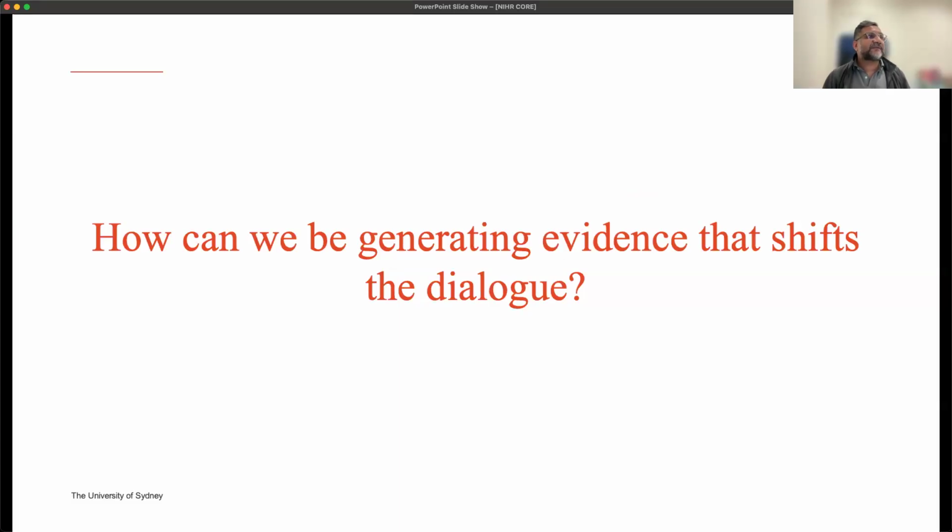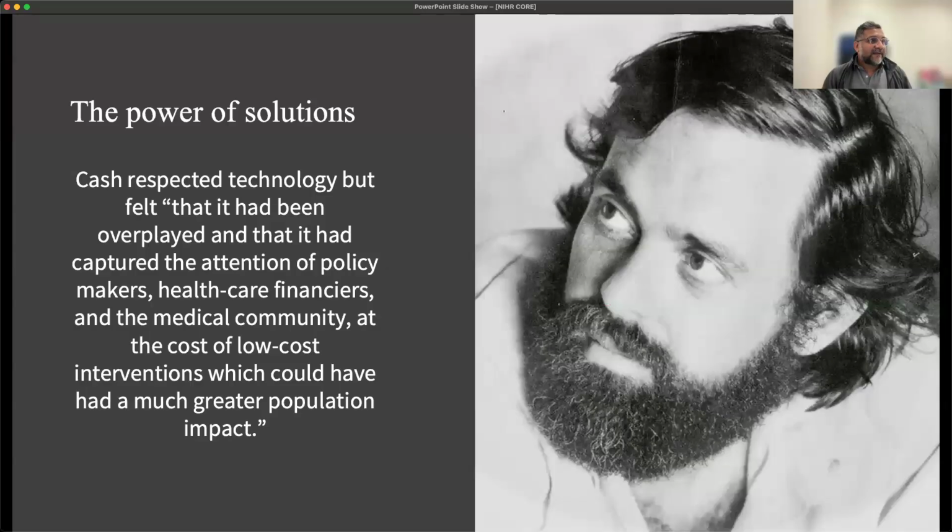But how can we solve this wicked problem? How can we be generating evidence that shifts this dialogue? The first thing is focusing on upstream interventions. So for those of you who don't know, this person was Professor Richard Cash. Richard Cash was someone who believed in upstream interventions.